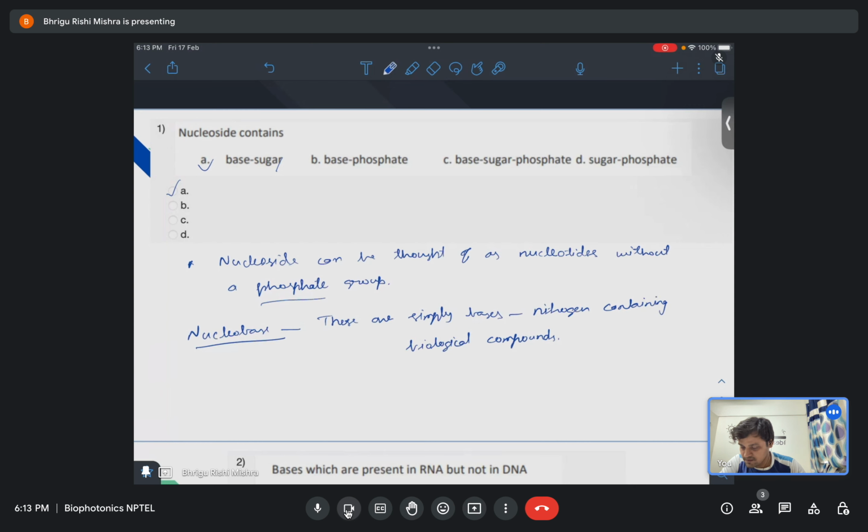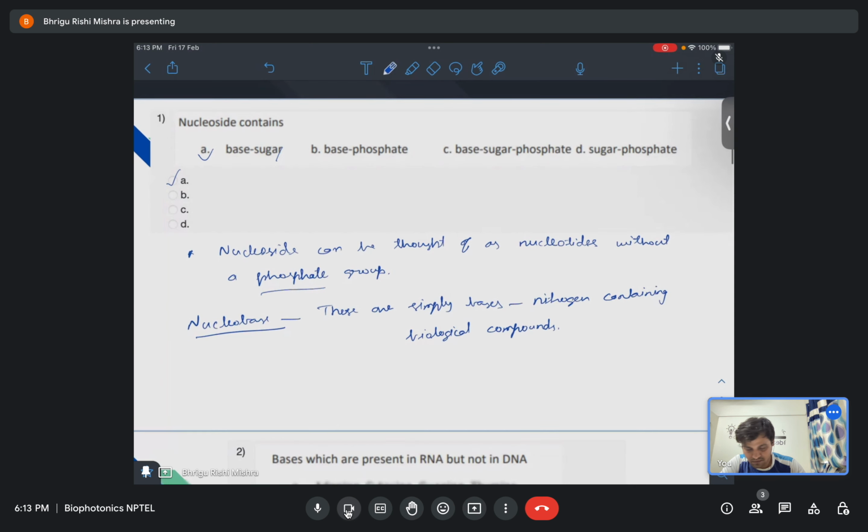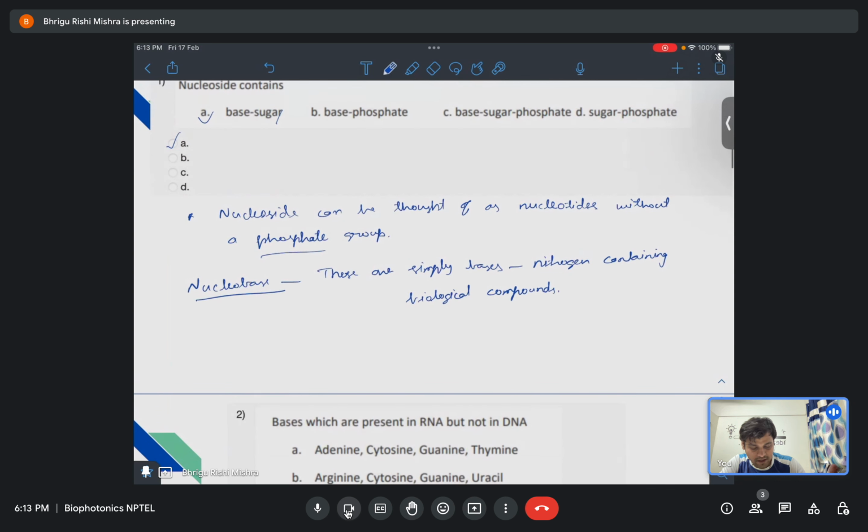Why are nucleobases important? Because they form base pairs, and they are responsible for the helical structures of RNA and DNA. They form base pairs, and stacking one upon another leads directly to long chain helical structures such as RNA and DNA.